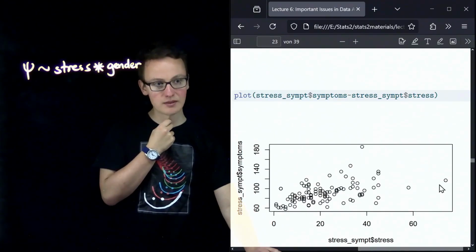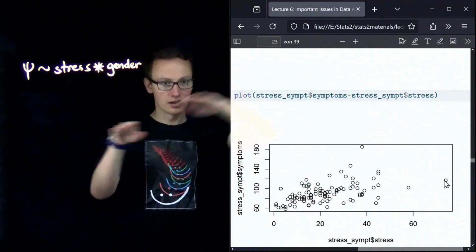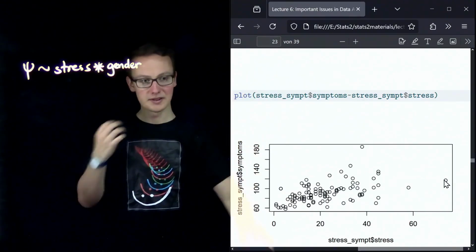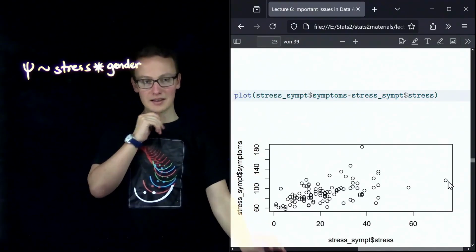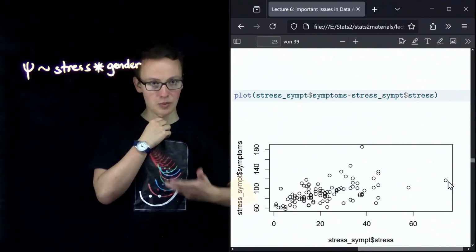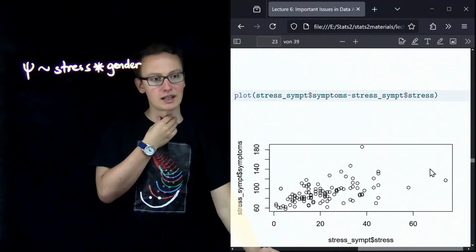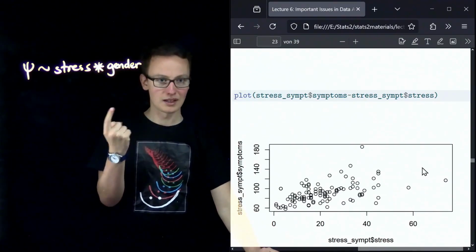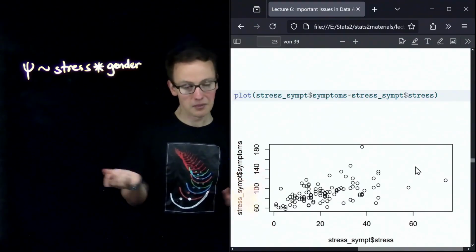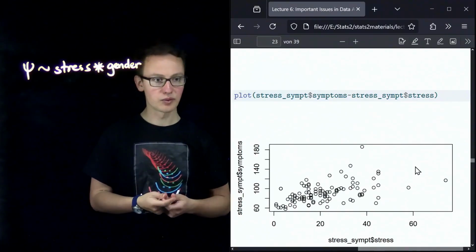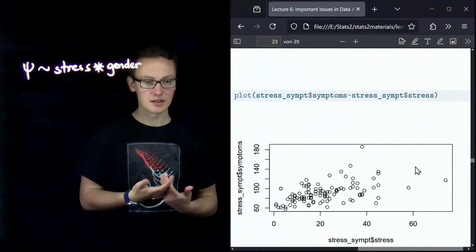But as soon as I include this very extreme data point, which is not really on that best fitting line that all the other points indicate, this data point alone, because it is so extreme, will have a heavy weight in determining the best fitting line. So it will change the best fitting line to something like this, just this one data point. And there it really matters suddenly for the analysis if we have these extreme data points or not, and how to deal with them.